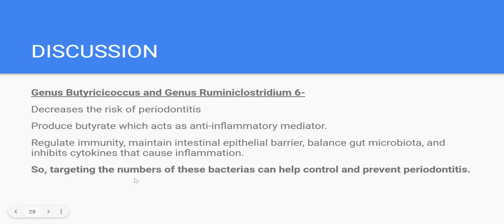So there are a number of microbiotas that can help control and prevent periodontitis. So we know which microbiota are causing periodontitis, and which are helping us to inhibit it. So we can invent some methods to prevent and control periodontitis.